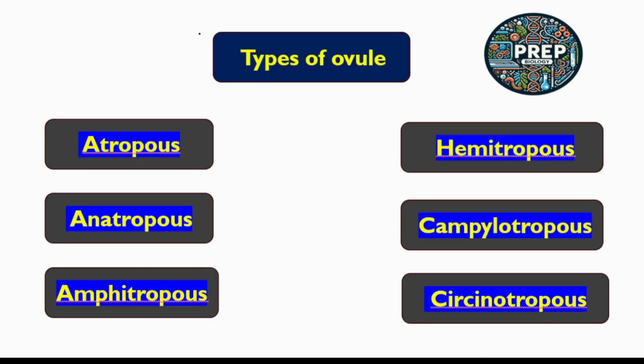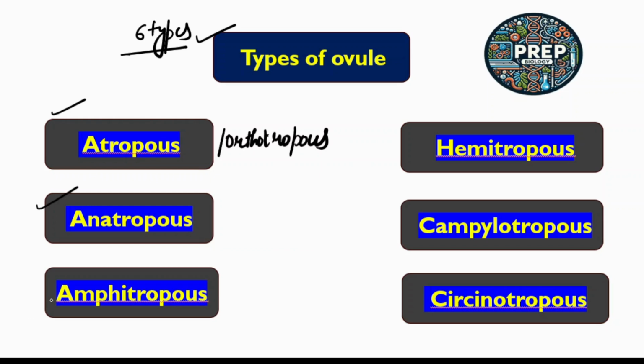So if we talk about the types of ovules, there are total 6 types present in different species of the plant. The first one is the Atropous. Atropous is also called the Orthotropous ovule. Second one is the Anatropous. Third one is the Amphitropous.